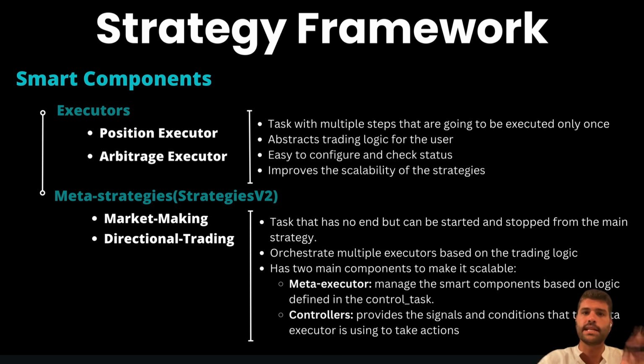And it's going to send signals of how it has to do the job, but there are two different components. And the power of this is that once you have this meta executor that is working really well, you can change and generate multiple different controllers and create different strategies very fast. That is the main advantage of this.